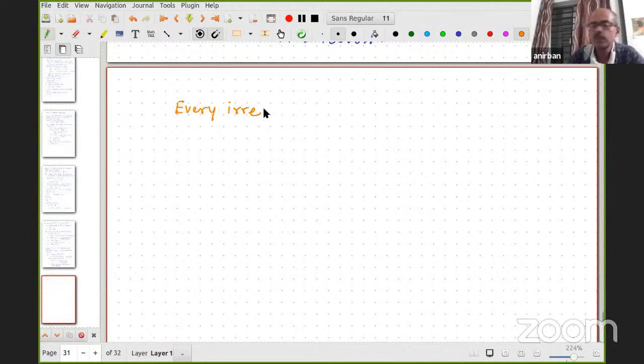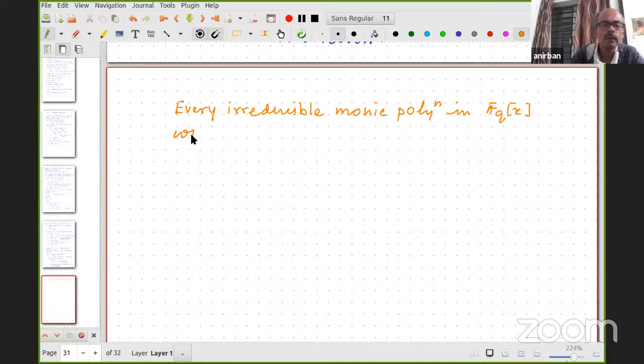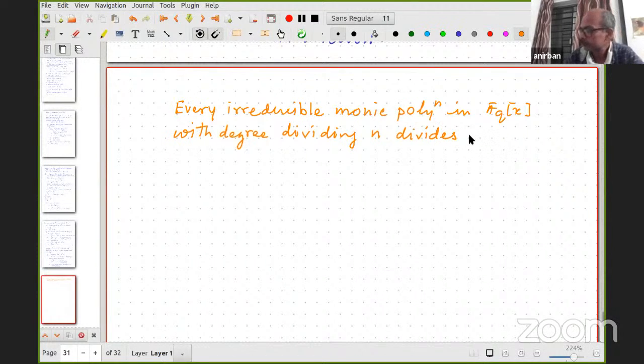What we got so far: every irreducible monic polynomial in F_q[x] with degree dividing n divides x^(q^n) minus x with multiplicity 1, exactly once.